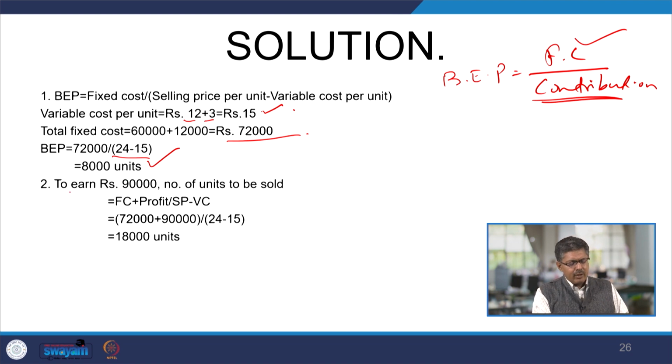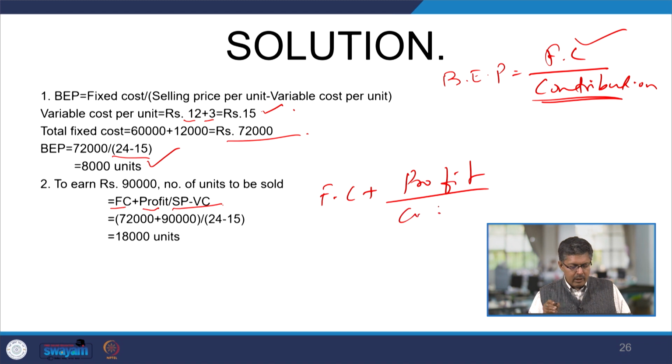Now, the second part of the question is asking, to earn rupees 90,000, how many units need to be sold? So, how do we find? Let us see this. So, the fixed cost plus profit divided by selling price minus variable cost, which is my margin. So, what we are saying, fixed cost plus profit, right, by contribution.